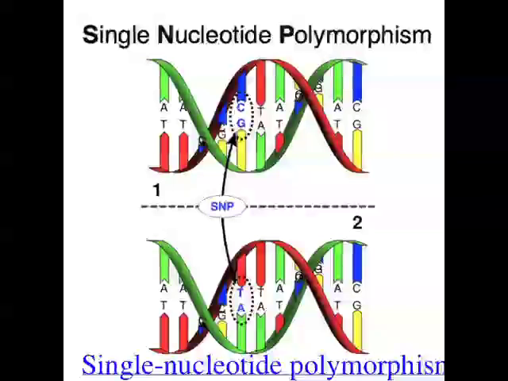Single SNPs are what often make humans different from one another, because really 99.5% of my DNA is exactly the same as yours. Our genomes are very, very similar.